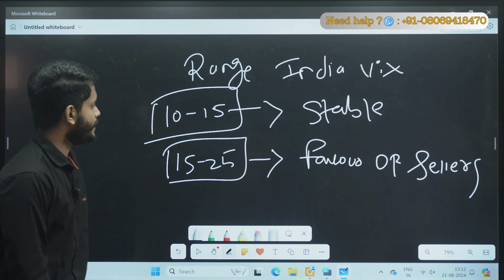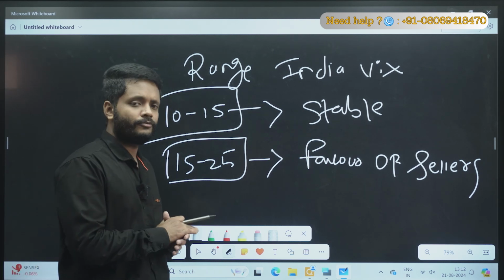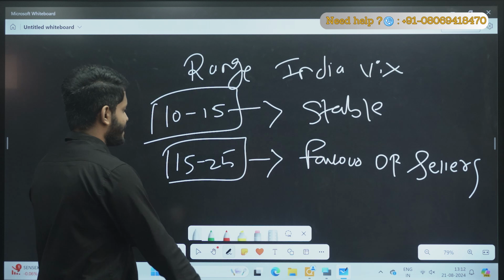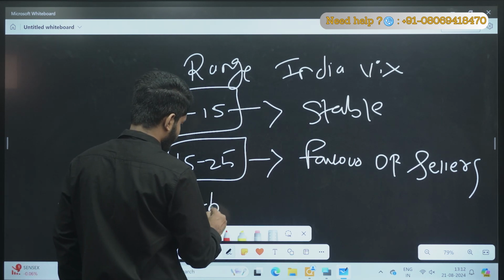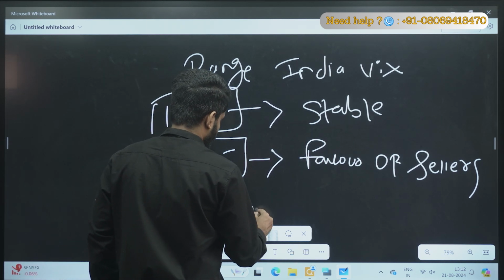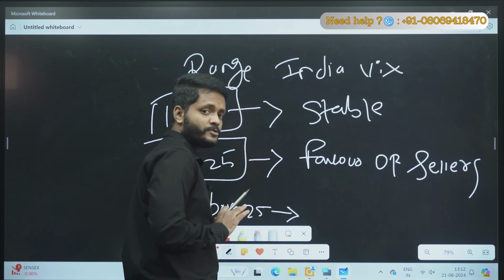And if it is above 25, you cannot think of buying options. This is purely for option sellers.